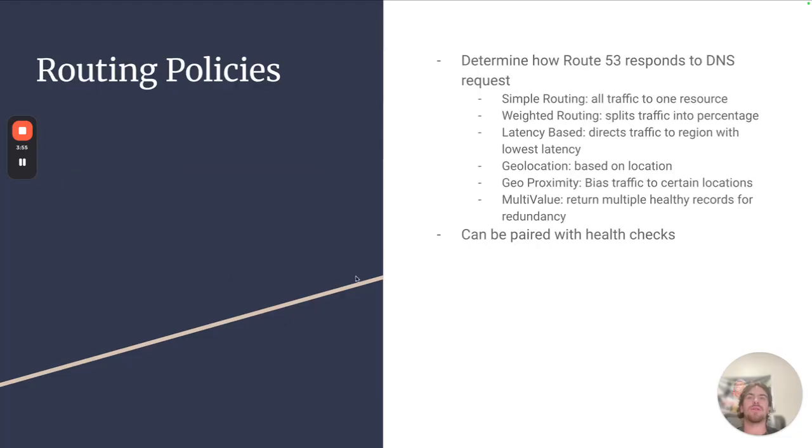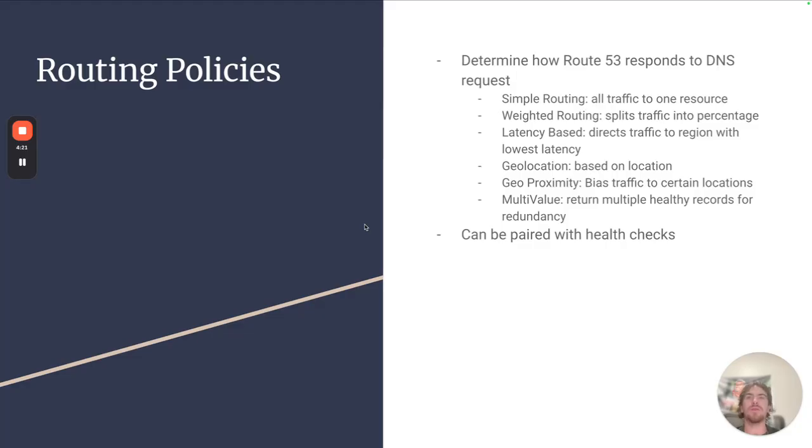Next, we have routing policies, which determine how Route 53 responds to DNS queries, not how traffic is actually routed like a load balancer. Let's quickly break down the key types. First off, we have simple routing, which sends all traffic to one resource. We have weighted routing, which splits traffic by percentage, great for gradual rollouts or A/B testing. Next, we have latency-based routing, which directs users to the region with the lowest network delay.